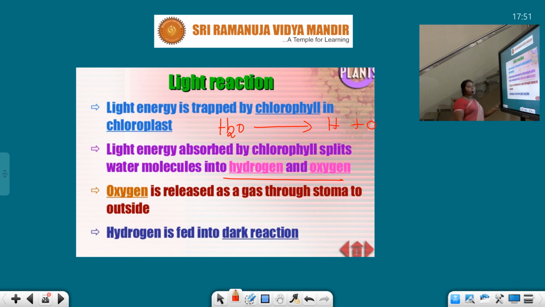Oxygen is released as a gas through the stomata to the outside. We just discussed the structure of the stomata, right? So through this only, oxygen comes out of the plant. Hydrogen is fed into the dark reaction. So this is the light reaction events.